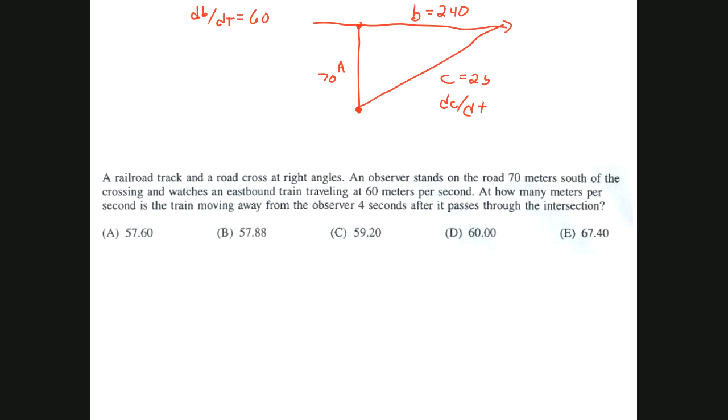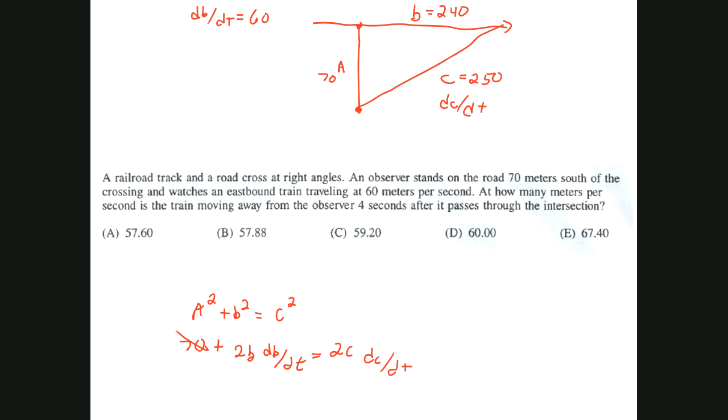Okay, and now if I set up my equation, A squared plus B squared equals C squared, well, A is 70. We know that, so we can put that in there. So now when I take the derivative of that, it's just 0. It's gone. So this is going to be 2B dB dt is equal to 2C dC dt. Well, we know what C is. We are looking for dC dt.